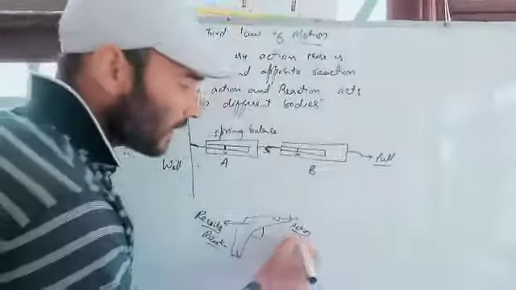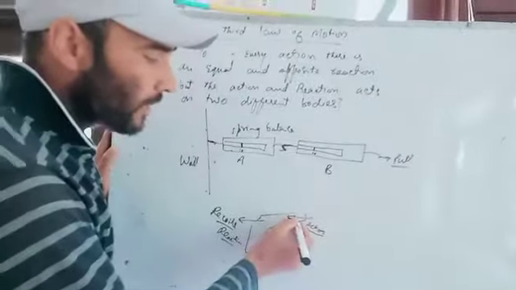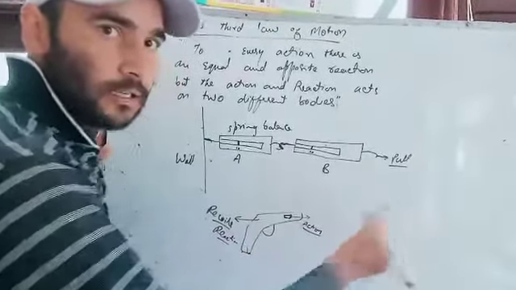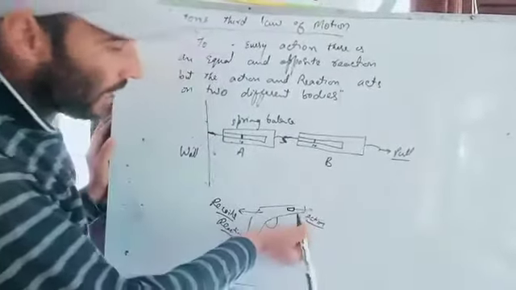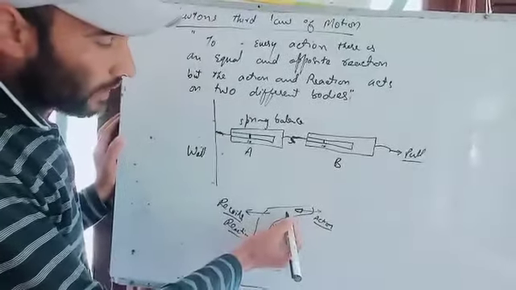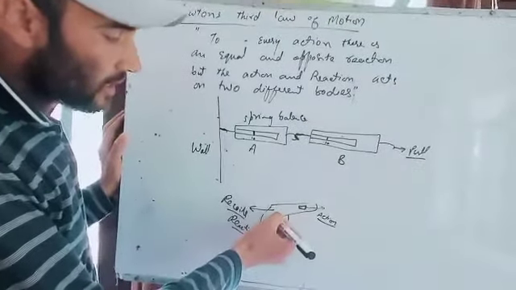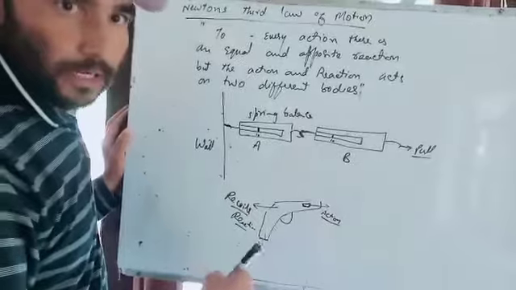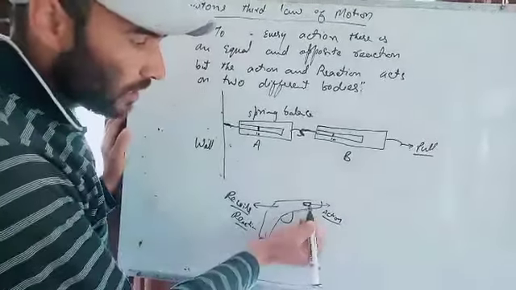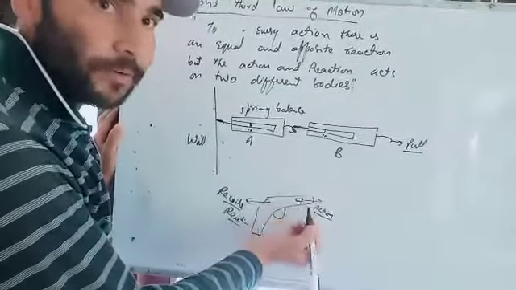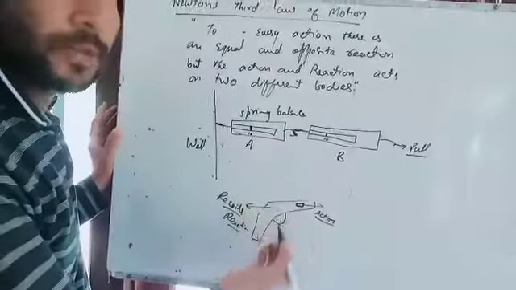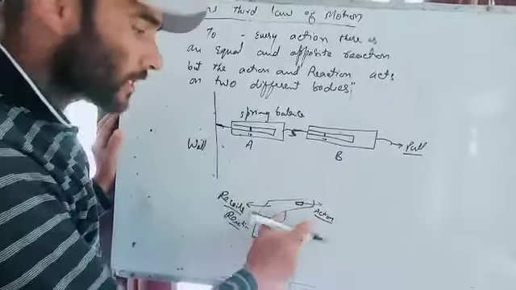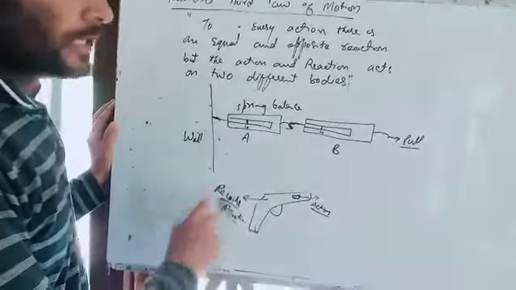When the bullet accelerates, the reaction is seen as the gun recoils. The two different bodies are the bullet, having its own mass, and the gun, having a different mass. These are the two bodies, action and reaction.